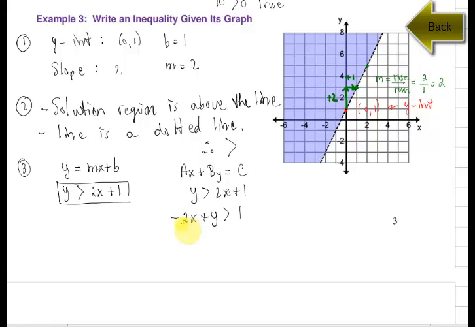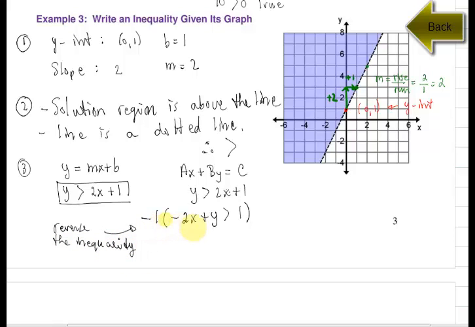So what I'm going to do then is to multiply everything through by negative 1, because that's going to change the signs of all of my terms. And remember that because I'm multiplying both sides of an inequality by a negative number, I have to reverse the inequality.